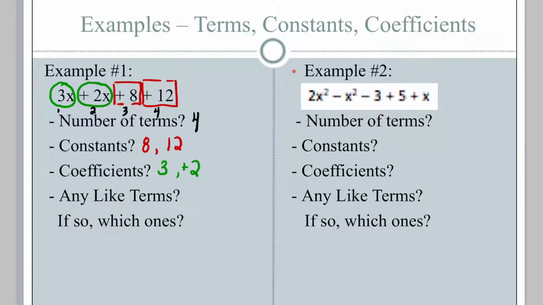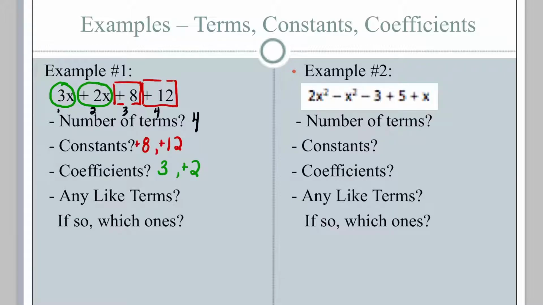And actually, I want to go back. I want to highlight something. It's always good practice to keep the sign with the term. This is going to be important as we begin to combine like terms, as we begin to use properties such as the associative property to rearrange and change the order of our terms. So a good practice would be to keep the signs with the terms.